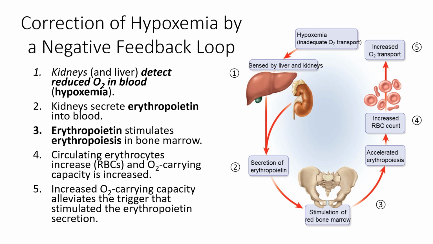This increased oxygen carrying capacity will then remedy the fact that we've had that low oxygen transport. And as a result, the kidneys will stop secreting erythropoietin because they'll recognize that the oxygen transport in the blood is sufficient.